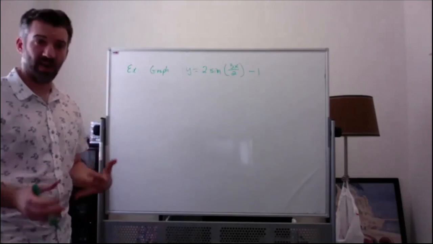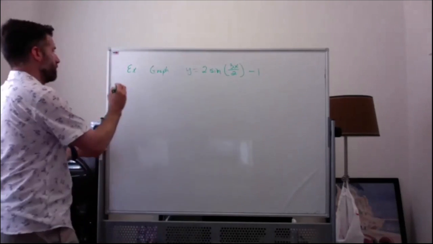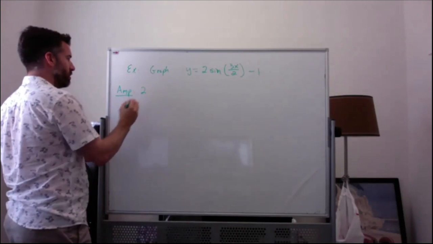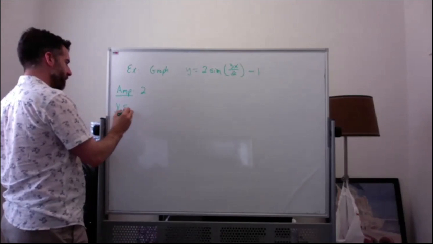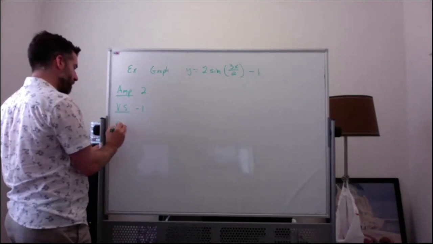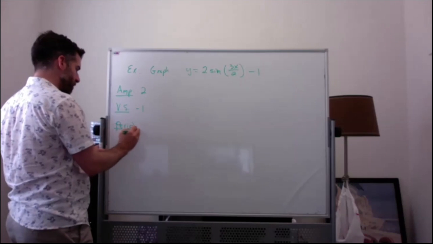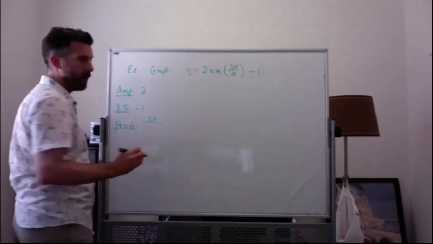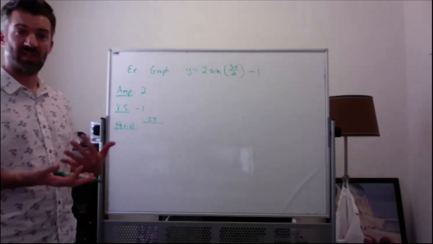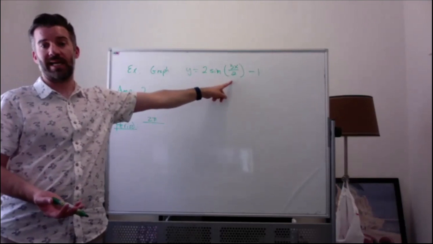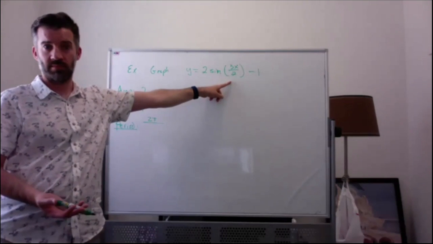So let's write down all the things. Amplitude is 2. The vertical shift is down 1, or -1. And the period is 2 pi divided by, what's the coefficient of x here? What am I multiplying by x inside the sine function? 3 over 2.